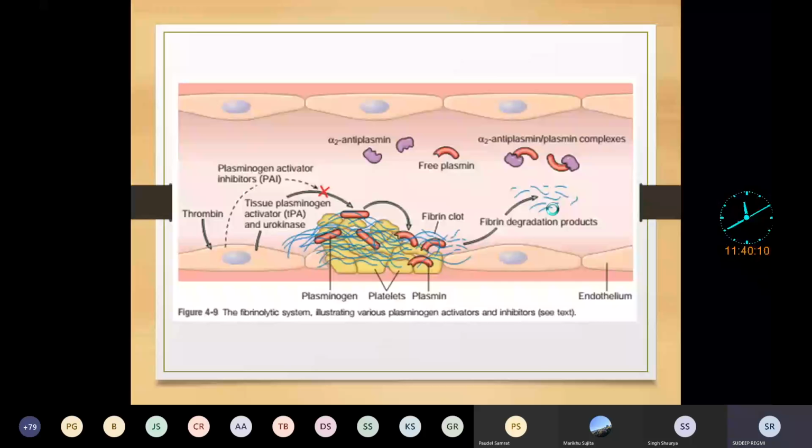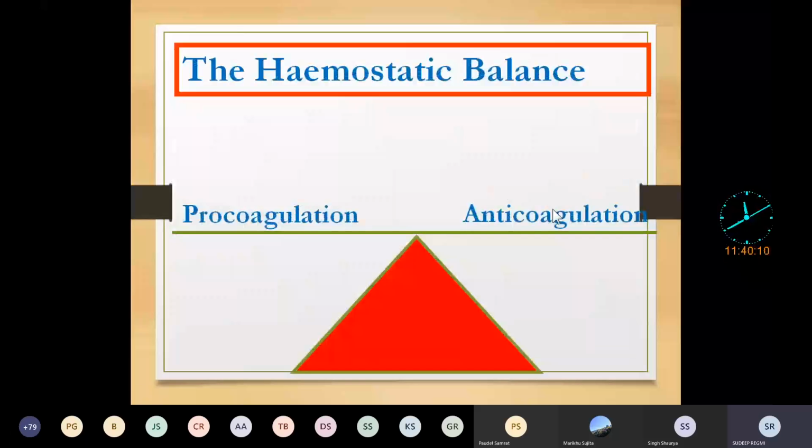So ultimately, we know that there should be a very close balance between a procoagulant state and an anticoagulant state.